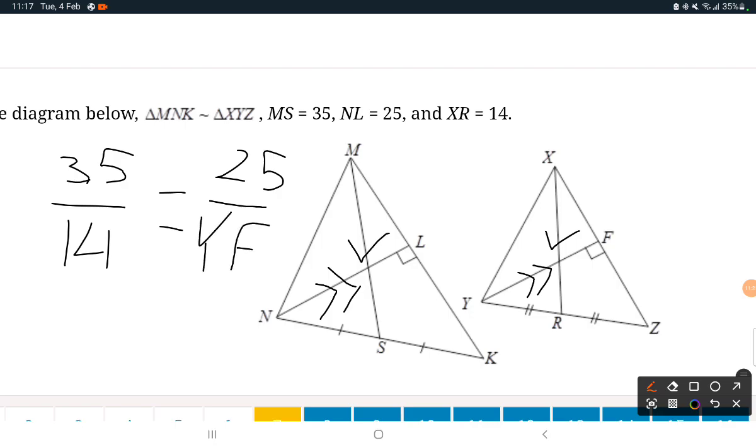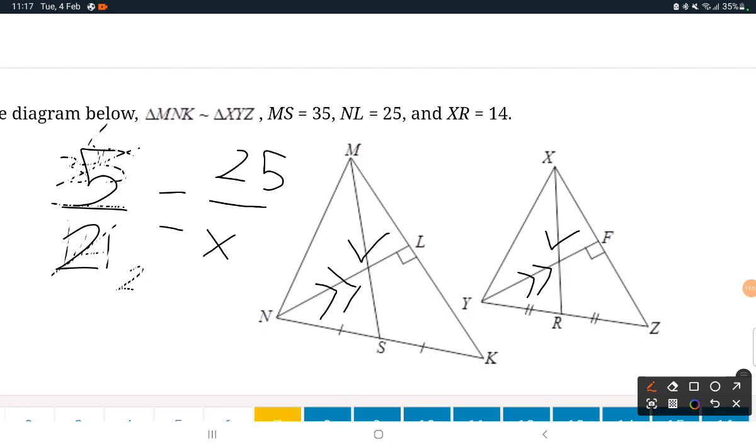We could just substitute YF with X to make the question easier. Okay, so now we could simplify. Divide the top and bottom by 7. This becomes 2. This becomes 5. And we will get 5 over 2 is equal to 25 over X.